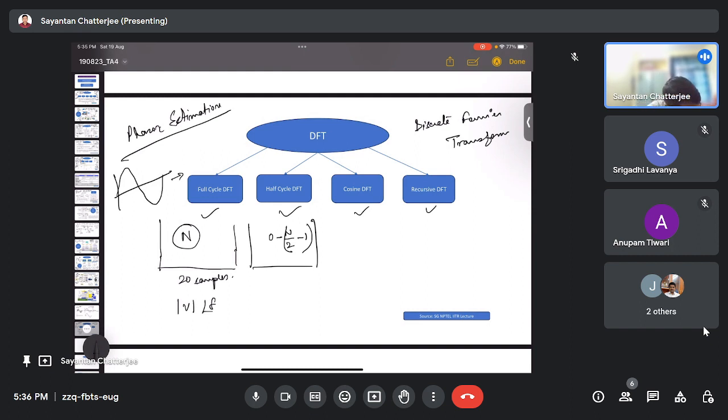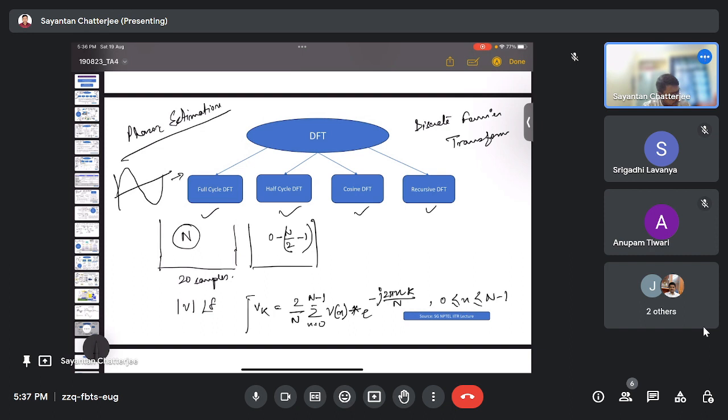This is the equation: Vk is equal to 2 by N, summation from n equals 0 to N minus 1 of Vn e to the power minus j 2 pi n k divided by N, with n from 0 to N minus 1.